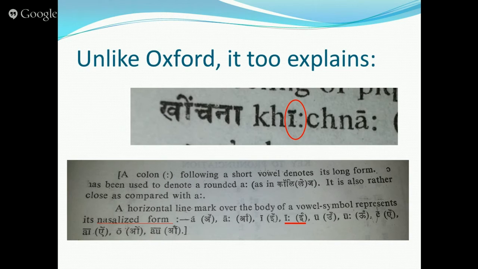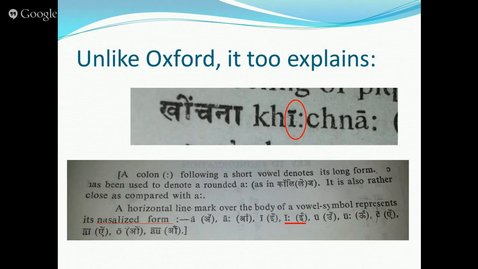It says a colon following a short vowel denotes its long form. So the I with the colon means E, not E. And then it says a horizontal line mark over the body of a vowel symbol represents its what? Nasalized form.